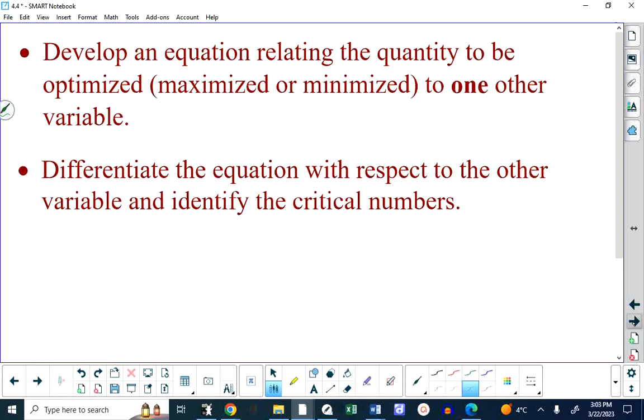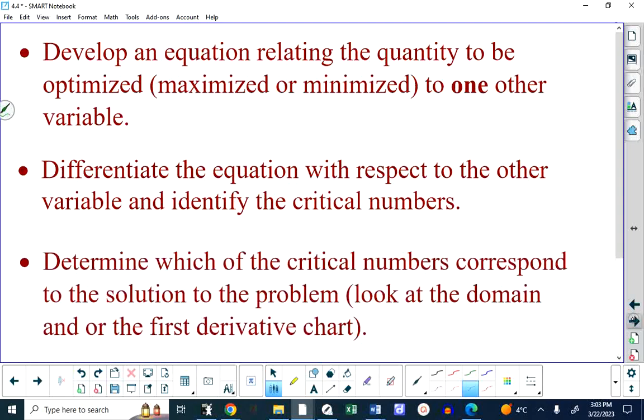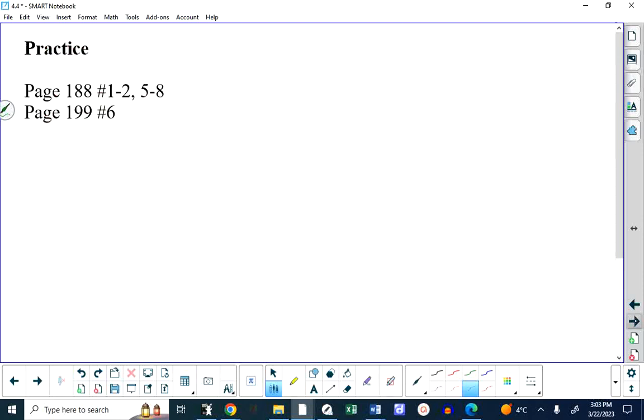Because all of these problems, I believe, are just going to give you one critical value of x, or the variable. So you differentiate, find the critical value. If you need to, look at the domain or the first derivative chart. Like that one example, we had 3 critical values, didn't we? But we tossed 2 out because it was in the wrong domain. Here are some to practice.